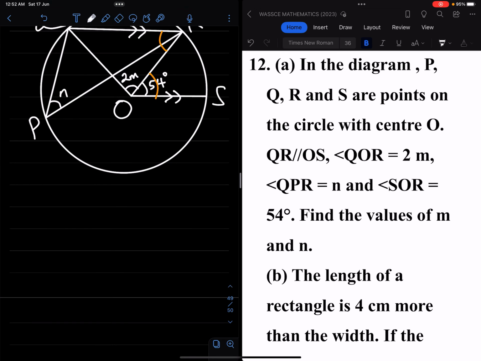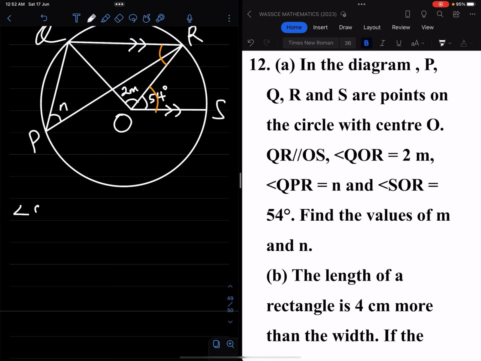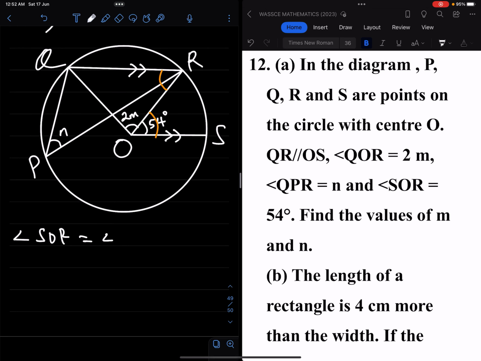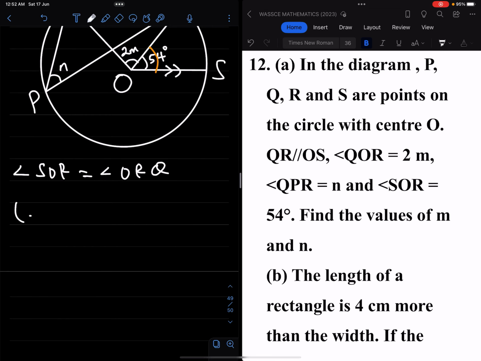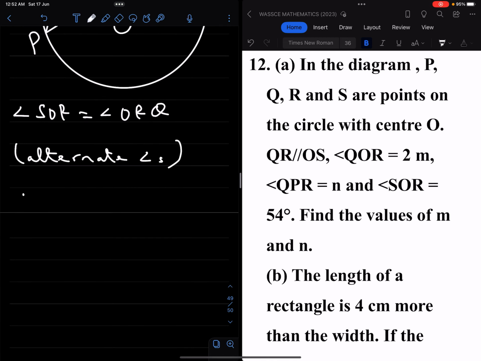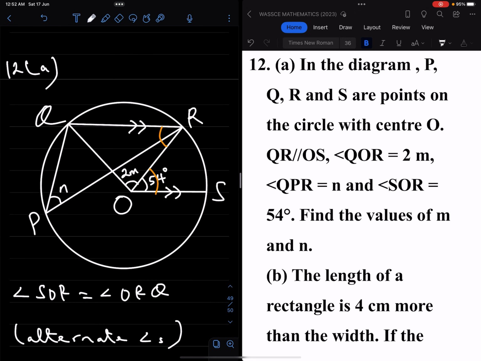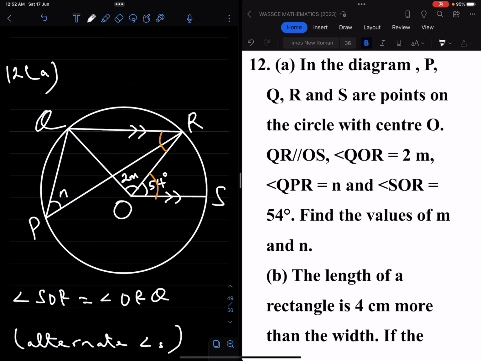So I can say angle SOR equals angle ORQ, and the reason for that is alternate angles. So that simply means angle ORQ is also equal to 54 degrees.